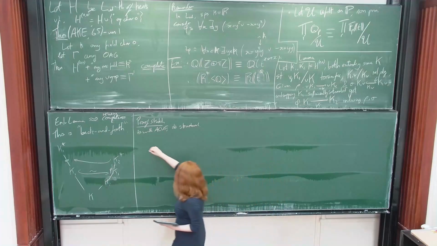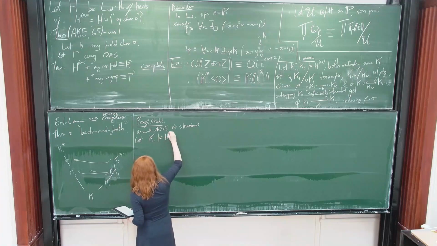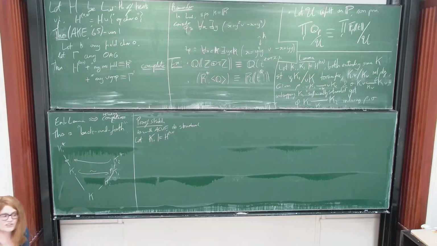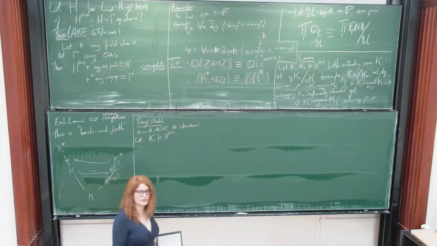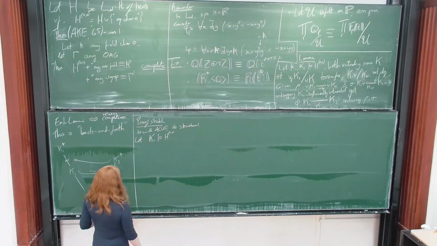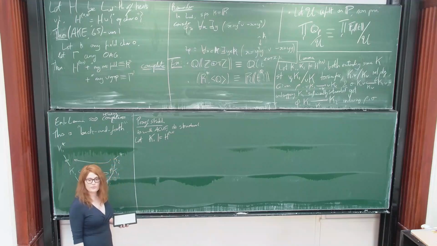So let's just take K1 some henselian valued field of equal characteristic 0. And I just want to understand, to what extent does its structure depend on its value group and residue field? That's it.